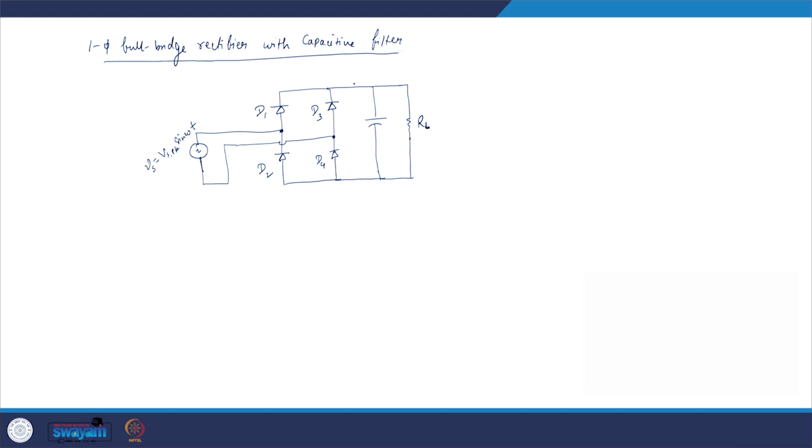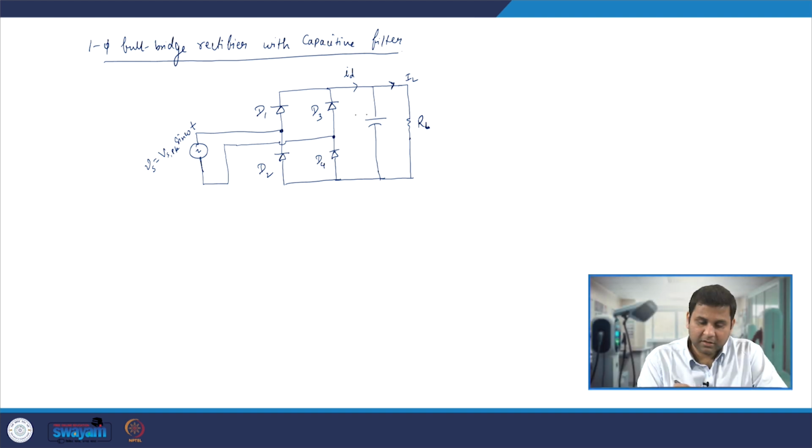And let us define some of the currents. This one is IL, the load current. This is ID, which is the output current of this diode bridge converter. After this, some current will go through the capacitor bank and the remaining current will go through the load resistance RL.